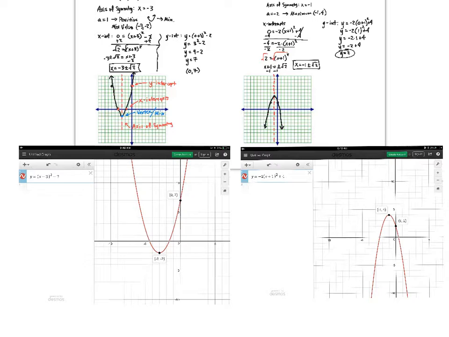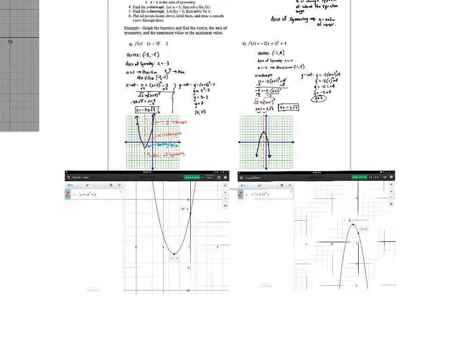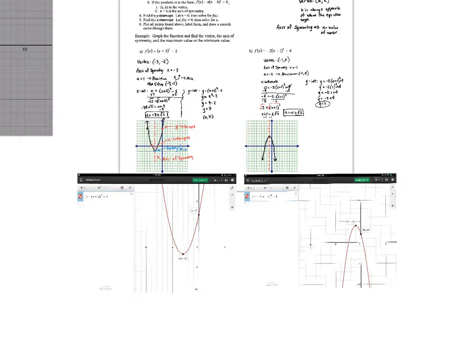We had a maximum value at -1, 4, and that's what we graph here. And then we have the y-intercept, which is the point 0, 2. So you can graph these and check, but you do need to be able to show your work and do it by hand. But it is nice to check to see that you've done it right.